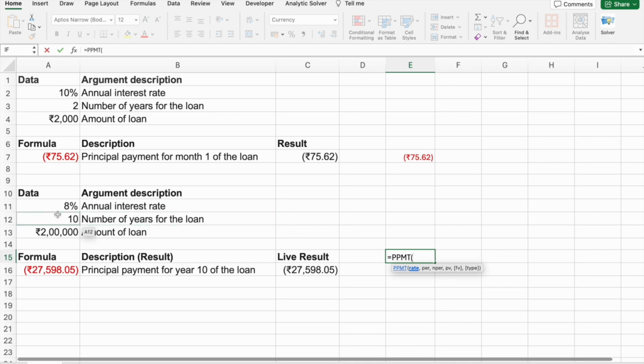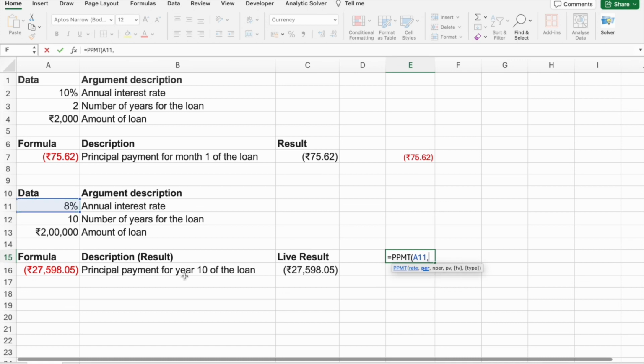So first one is the annual interest rate, and you can see one thing, principal payment for year 10. So we need not divide it by 12. In the previous example we did that because we had to find the principal payment for month 1, but here it is year 10, so no need to divide it by 12.